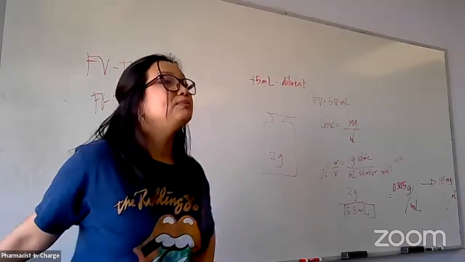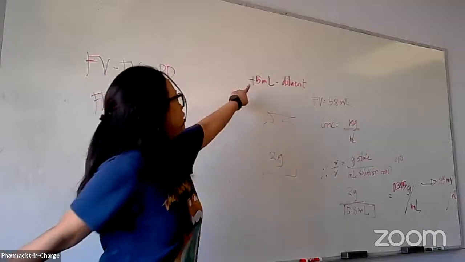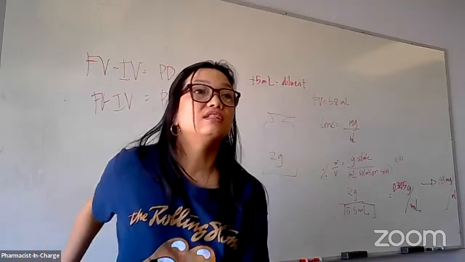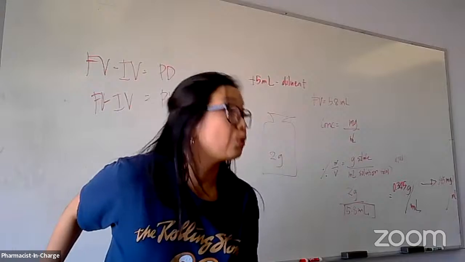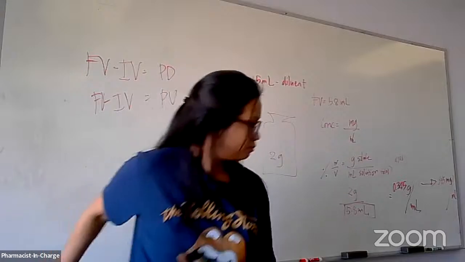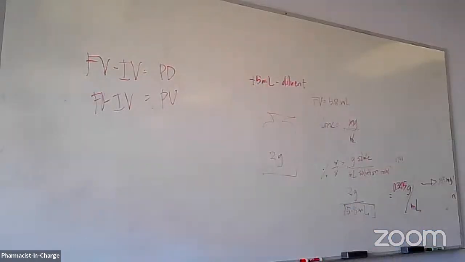Okay. What's a common mistake? Students use just the diluent. You got to remember, in percentage, the denominator is always the total. What did you do? I added the 5 ml to the 2 grams, and I divided by 0.8.